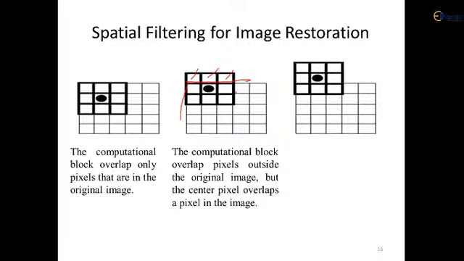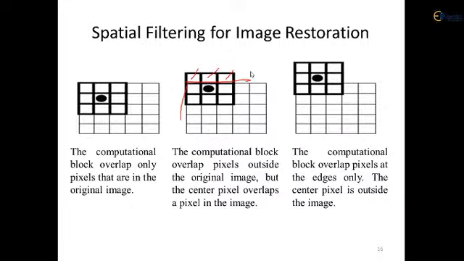Most of the time, 0 padding is considered as a solution to this situation. And there is another situation, where only the center pixel is outside the image. This is the rare case to occur in median filtering.